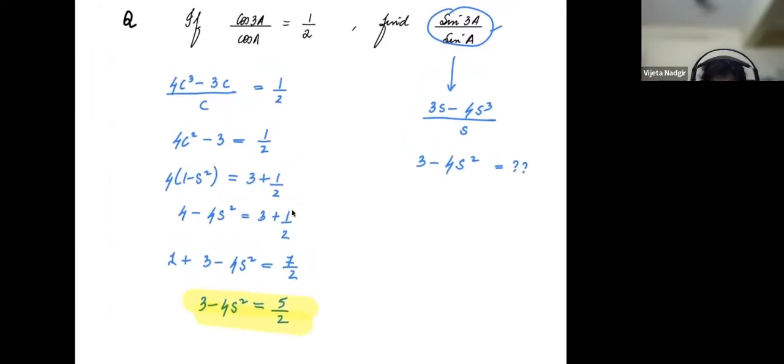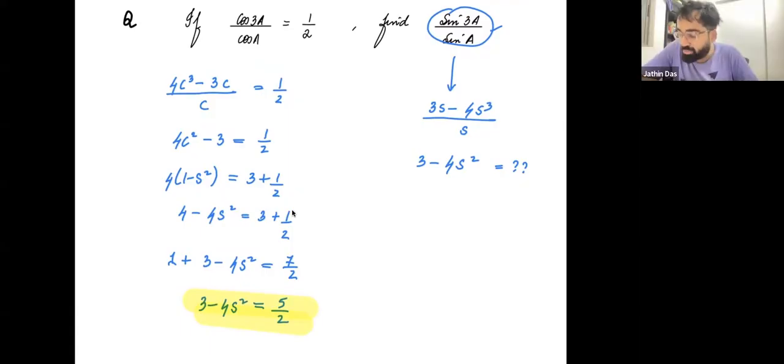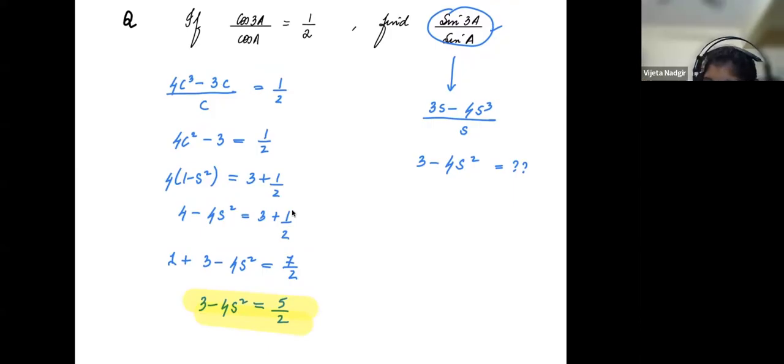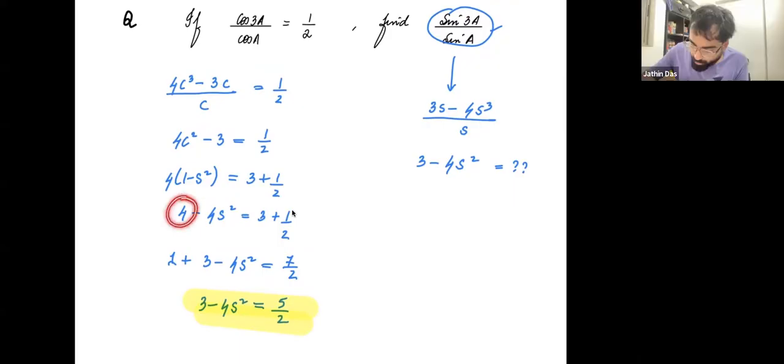You did like that. I found the value of cos square a. You took the value of cos square, okay. But we need 3 minus 4 sin square. So I rearranged, that's all. I split 4 as 1 plus 3, and this is exactly what I need.